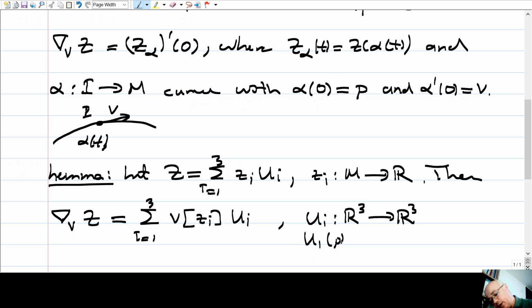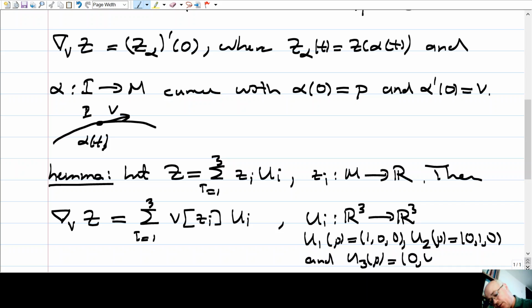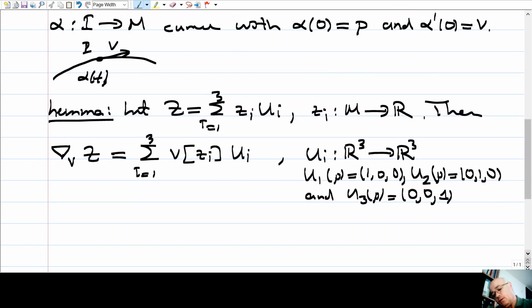U1 at any point is just 1, 0, 0. U2 is 0, 1, 0. And U3 is the constant vector 0, 0, 1. Okay, at each point they assign these three basis vectors.